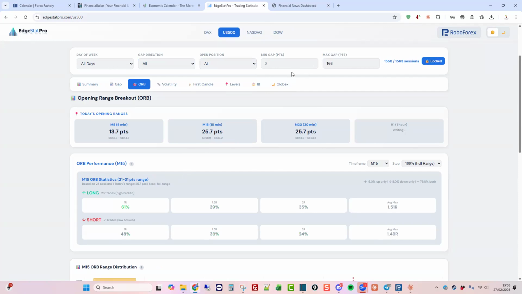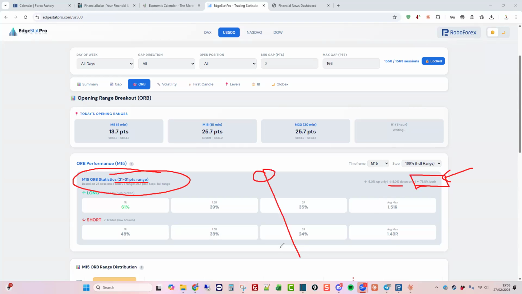Looking at all opening range breakouts as an example. We kind of know this statistic anyway, but with opening range breakouts, if the first 15-minute opening range is between 21 and 31 points, 76% of days it will hit both sides of that range. 8% of days, it will open and fly down and never come back to the initial opening range.